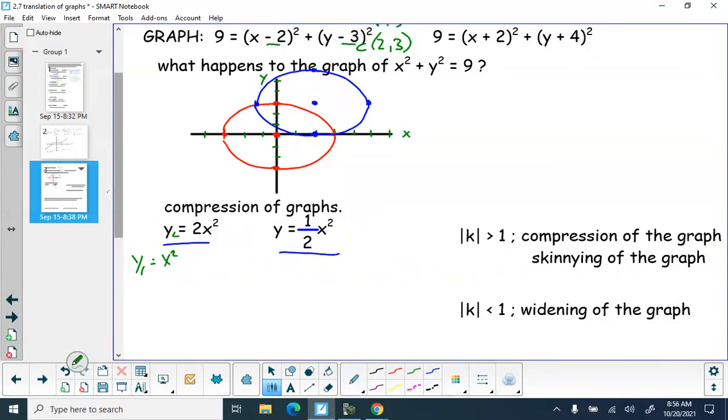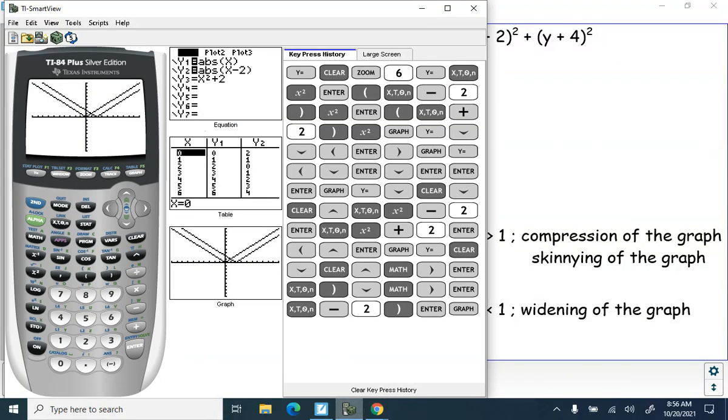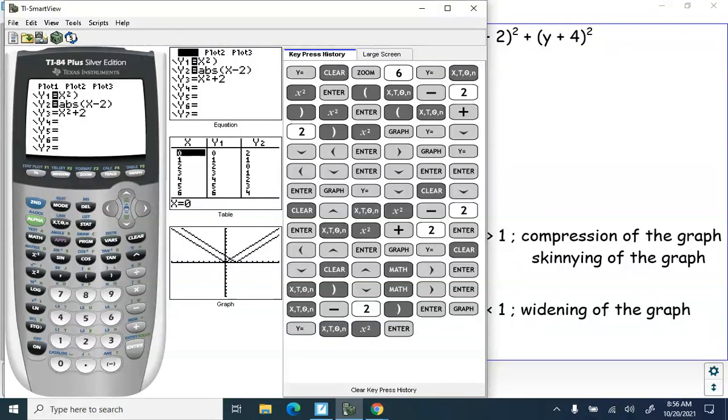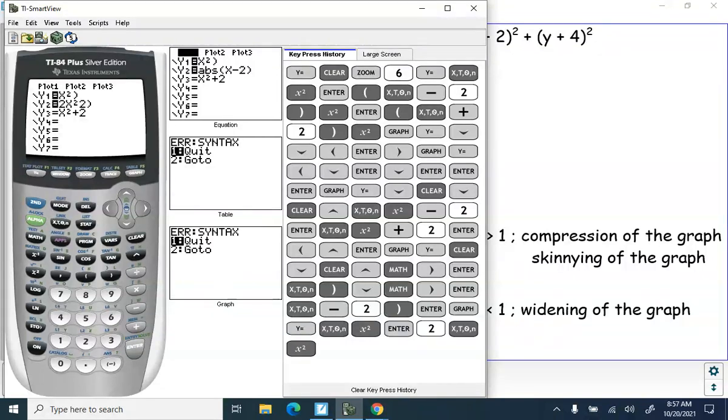In your y2, type in 2x squared. And go ahead and graph the functions.